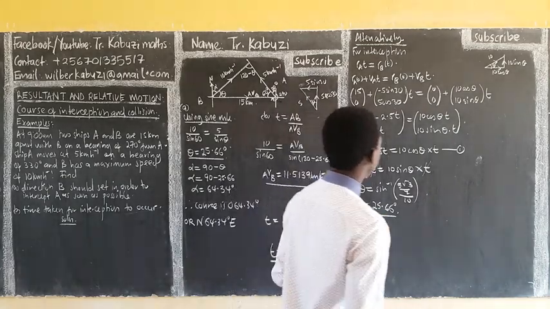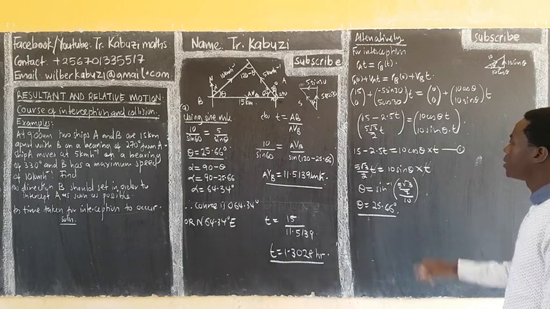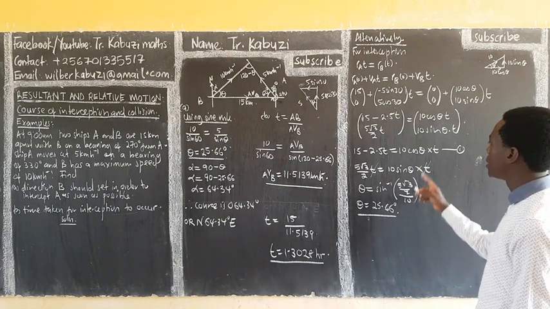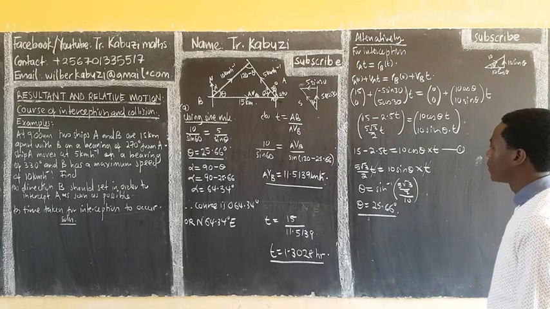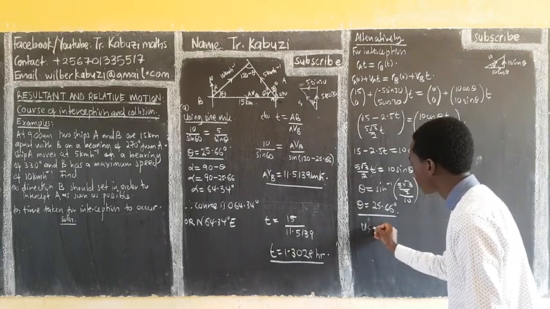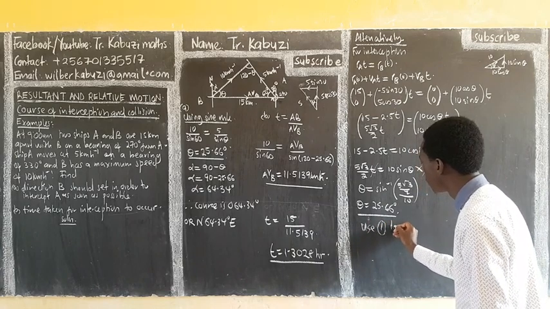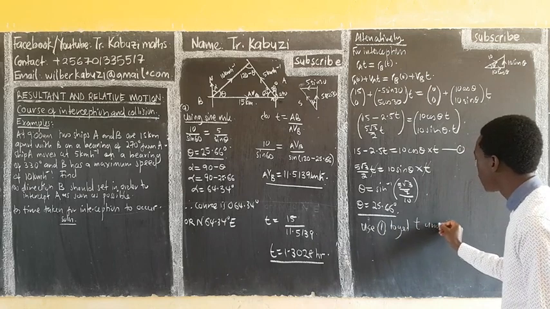And if you have this, you can come and put it here and get your t. Then after getting t, you can aggregate the rest. So that's it. You use equation 1 to get t and proceed.